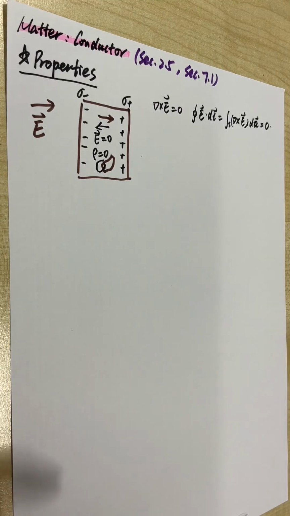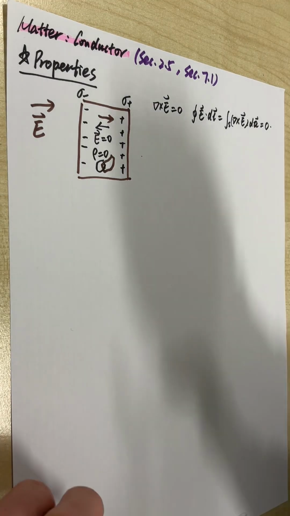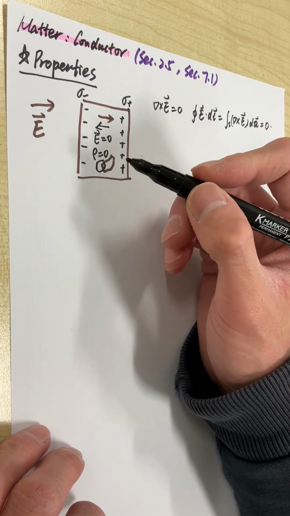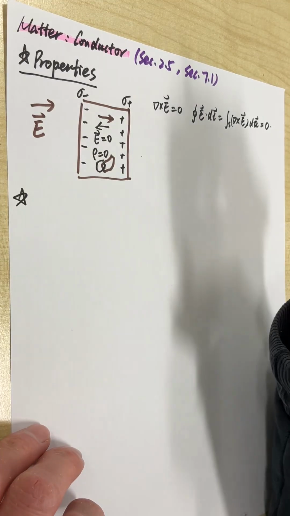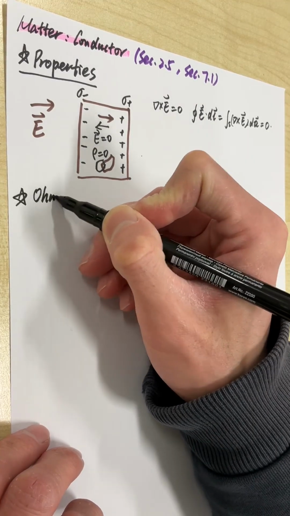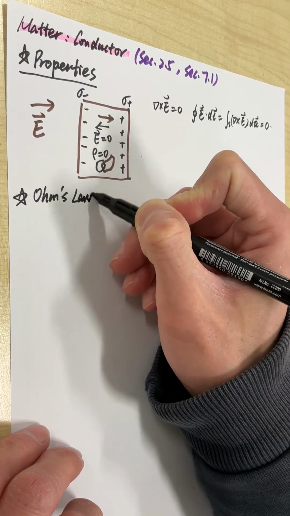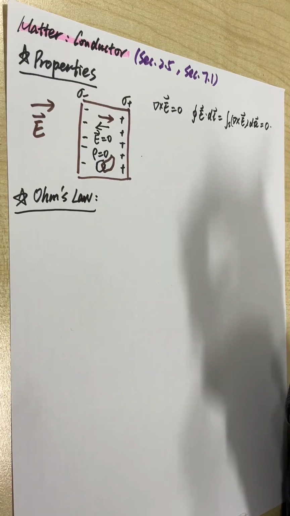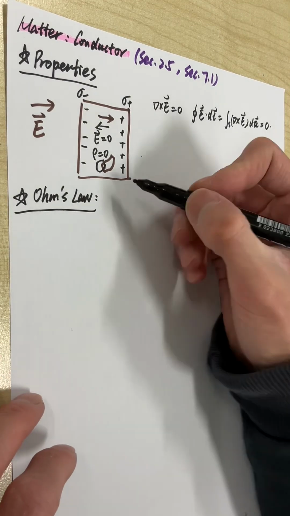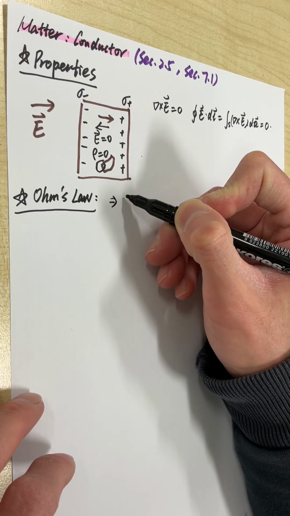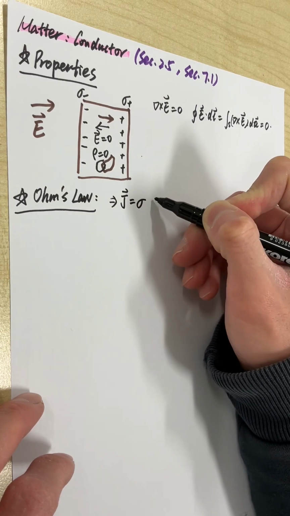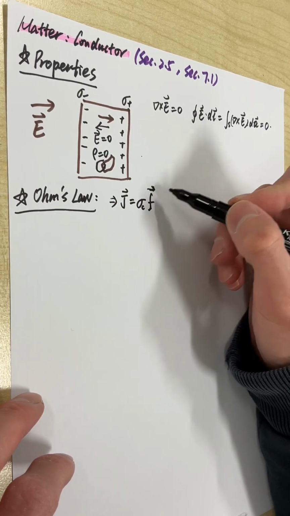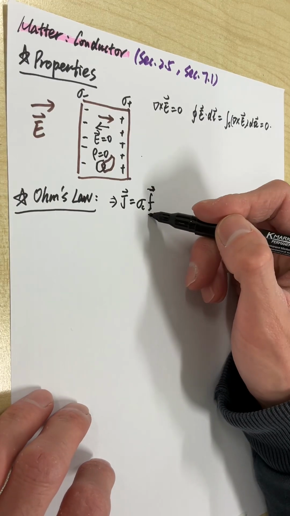So how do we know how good a conductor is? I have the conductivity. For that, we have Ohm's law that tells us how good a conductor is. Basically, if we want current, we need to push on the charge. So current equals sigma, the conductivity, times the force per unit charge, the push on the charge here.